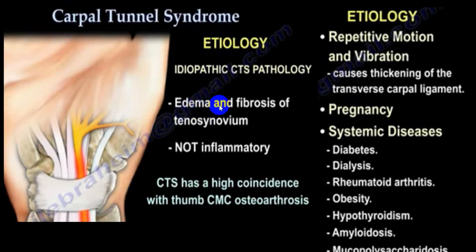There can be edema or fibrosis of the tenosynovium, and mostly it is non-inflammatory. Also, carpal tunnel has a high coincidence with thumb metacarpal osteoarthrosis, and as we have already mentioned, repetitive motion and vibration injury will produce thickening of the carpal tunnel transverse carpal ligament.